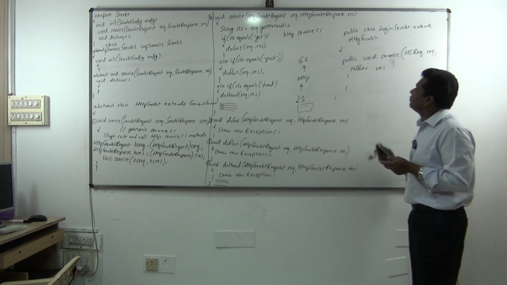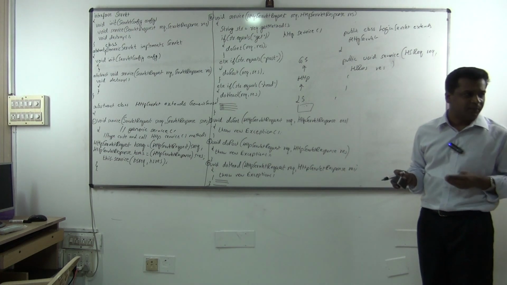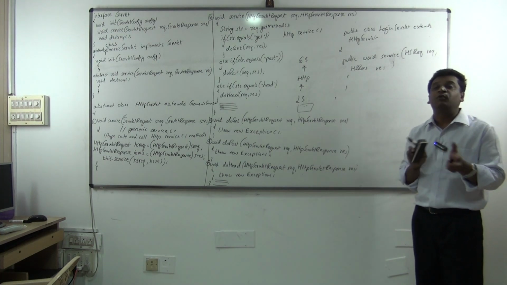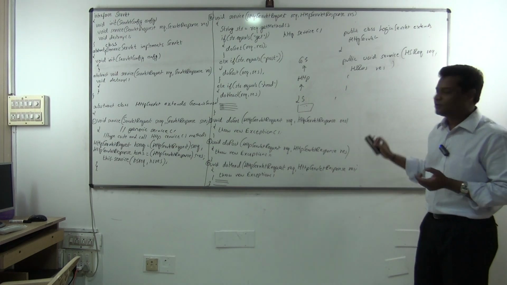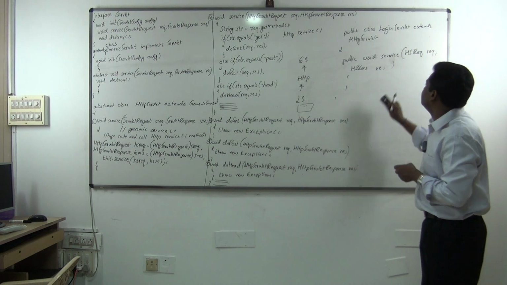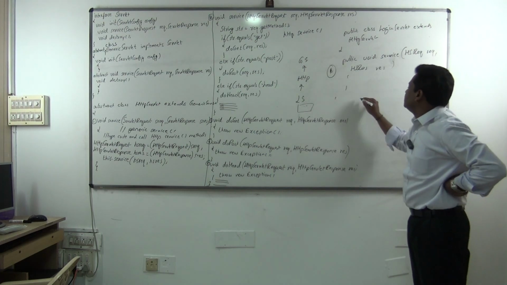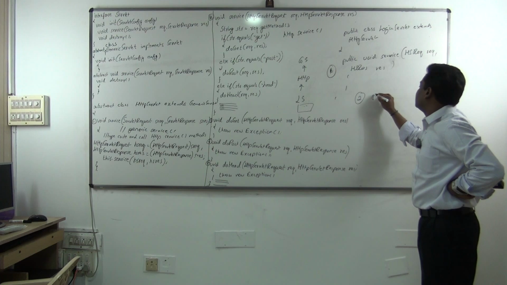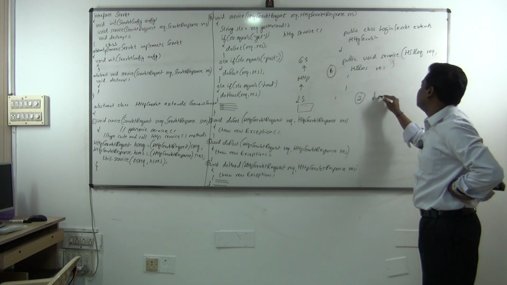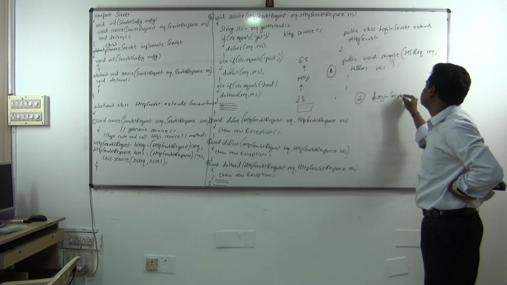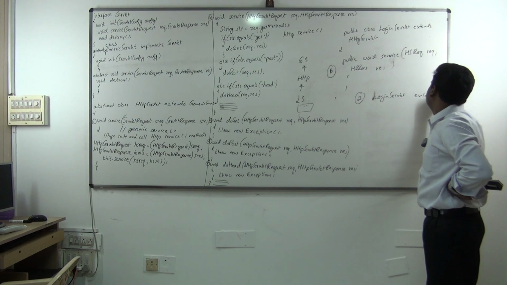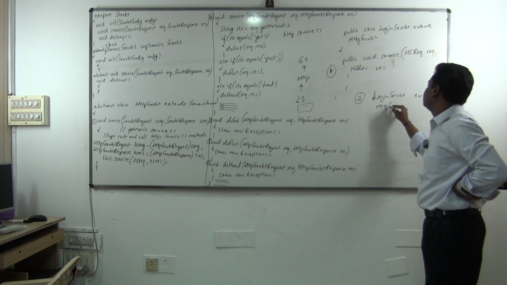Understood? So then next, one more way is there, but we don't take that approach. But the interviewer wants to check how good you are with the Servlet API. So let's see this. One option is this: override the HttpServlet service. The second option: public class LoginServlet extends HttpServlet.